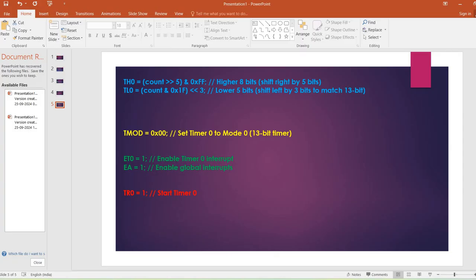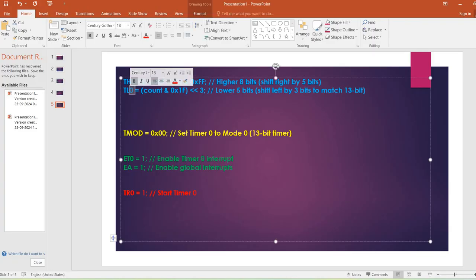Now these are the registers required for the timer application with the interrupt approach: TH0 and TL0.